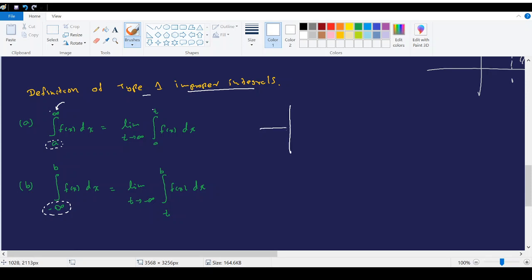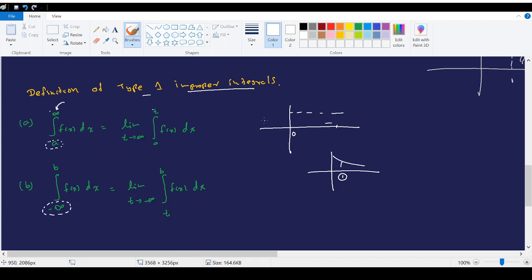Remember, in the previous two examples, the first one I considered from 0 to infinity, and the next one I considered from 1 to infinity, right? This starting point does not have to be 0 all the time. It can be any value, right?